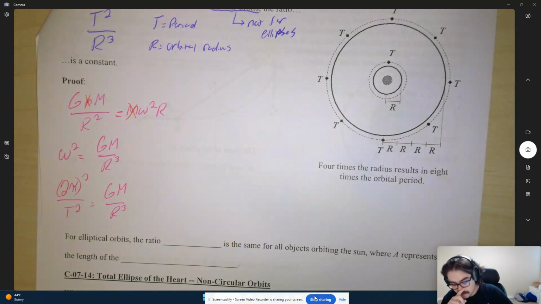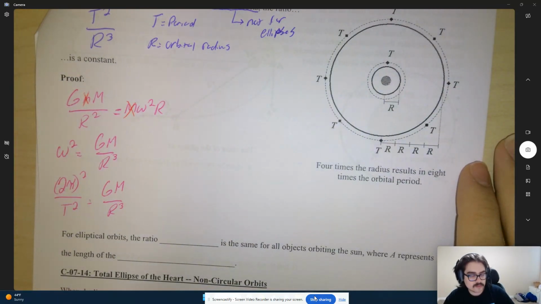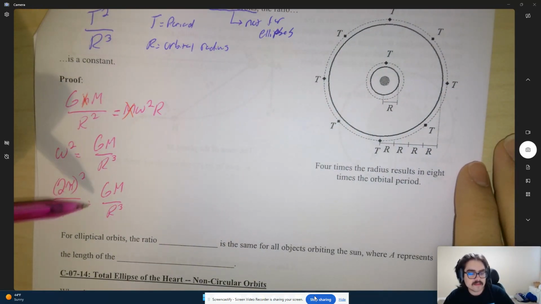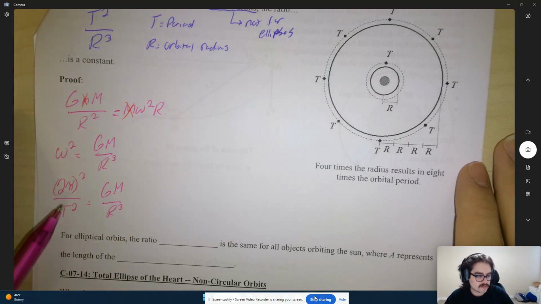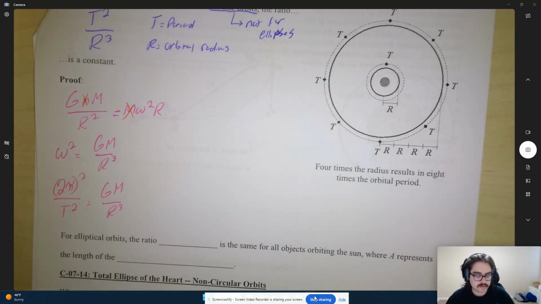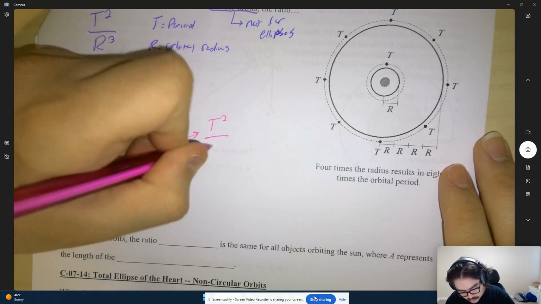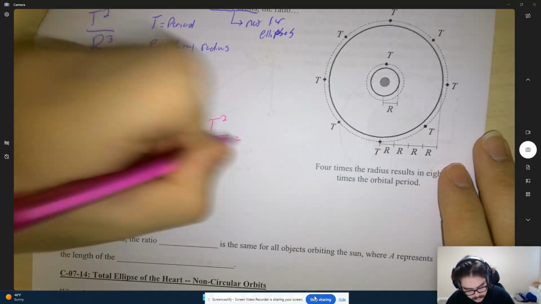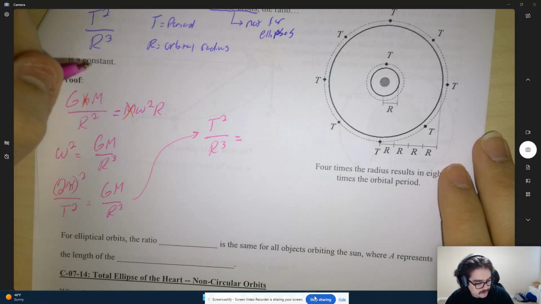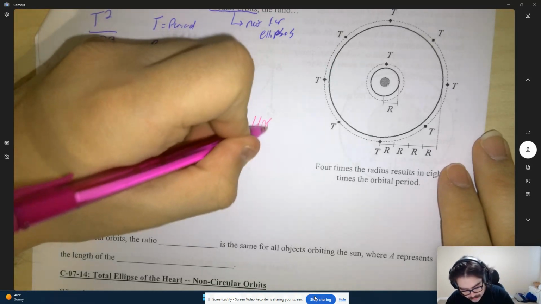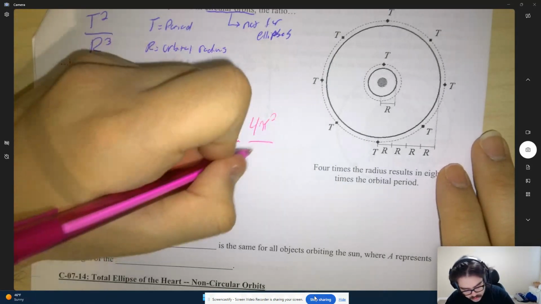Well, the numerator is just going to be 4 pi squared over T squared, equals GM over r cubed. I need to get T over r on one side, so I'm going to multiply by T squared and divide by GM, or you can cross multiply. So I get T squared over r cubed equals 4 pi squared over G big M.